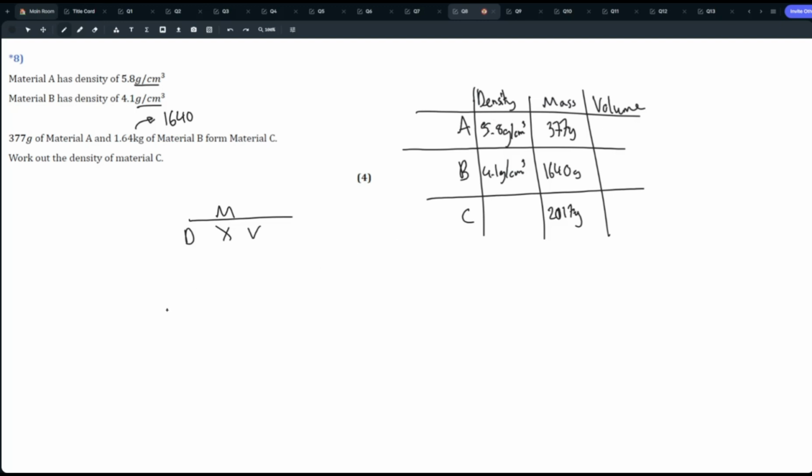So for A, volume is mass upon density, so this will be 377 divided by 5.8, and the same with B, mass upon density, so that's 1640 divided by 4.1. Now if we work out both of those, we get 65 centimeter cubed for A, and for B, we get 400 centimeter cubed.